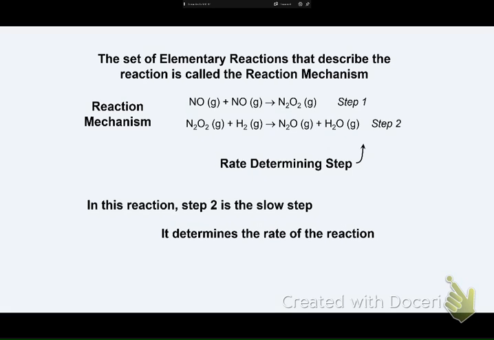You're going to get this: the reaction rate equals K2, because that's the second step in the reaction mechanism, times N2O2 times H2.